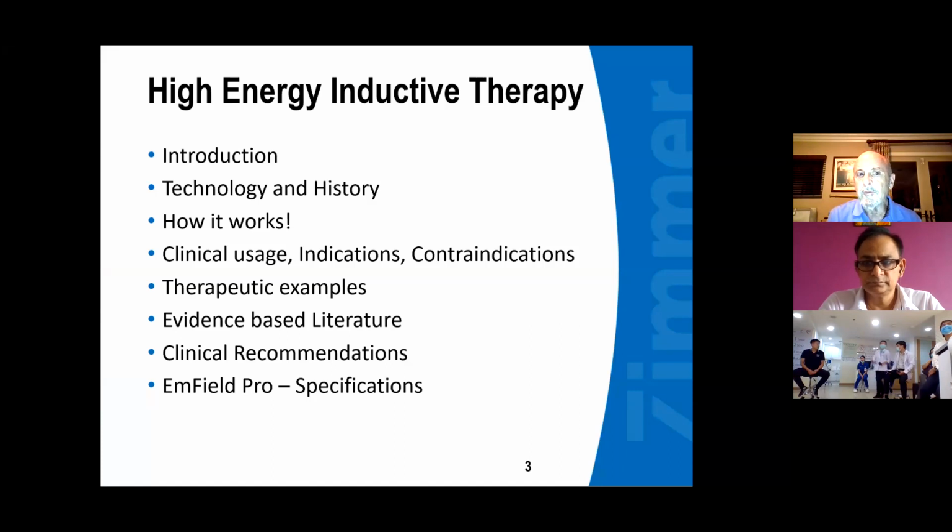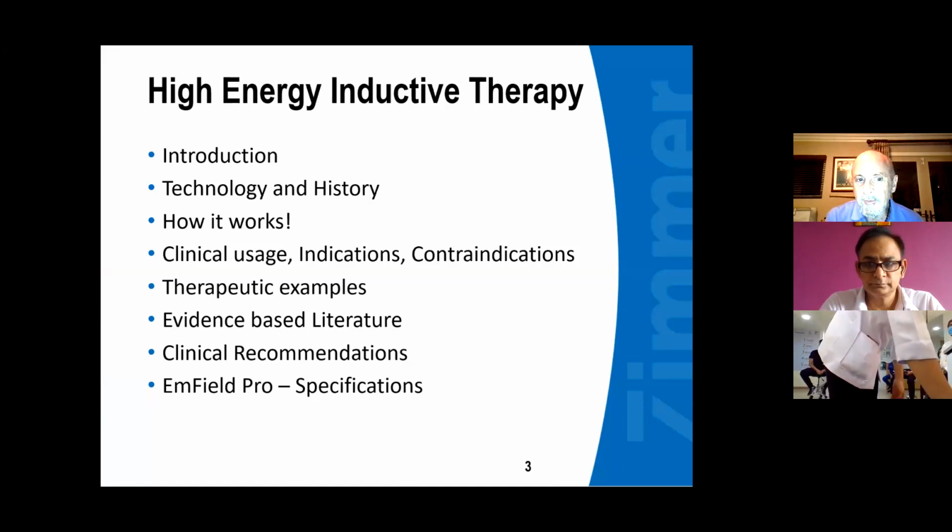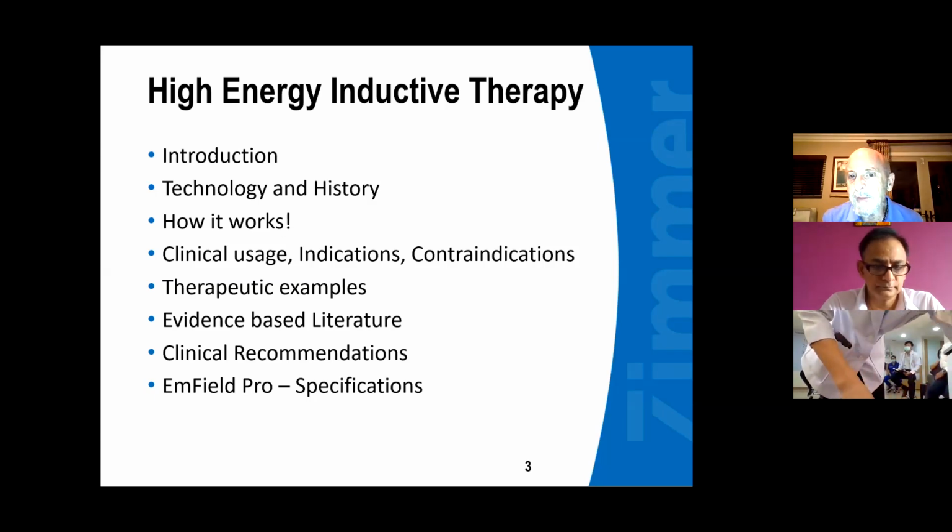I will even give you some examples of therapeutic cases, show you some evidence-based literature, not too much of that because I know that's not real interesting at times, give you some clinical recommendations, and we'll do an overview of the features and benefits. I only ask that you, if you have questions, write them down, and please, we'll address them at the end.